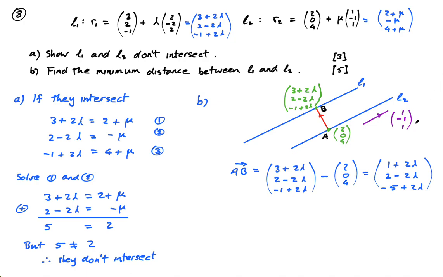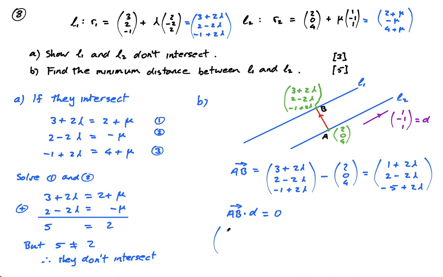Let's call this vector D for the direction vector. So I can say AB dot D is equal to 0, because for perpendicular vectors the dot product equals 0. What's AB?